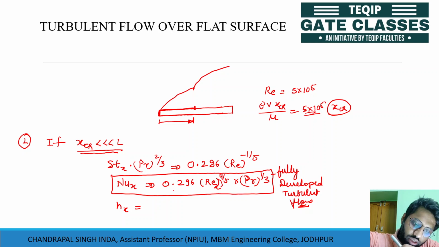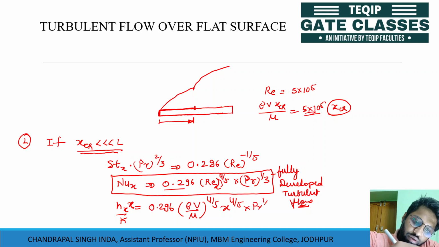So h x by k will be equal to 0.296 rho v by mu power 4 by 5 times x power 4 by 5 multiplied by Prandtl number power 1 by 3.